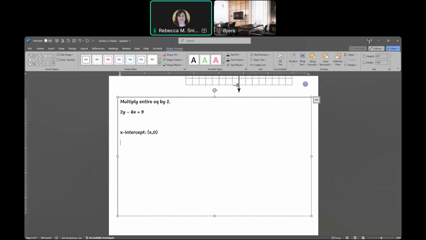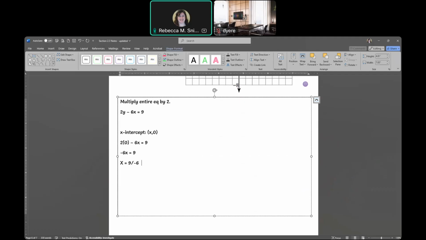So here, this would become 2 times 0 minus 6x is equal to 9. Anything times 0 is again 0, so this is minus 6x is equal to 9. I need to get x by itself, so I divide. So this is going to be x is equal to 9 divided by negative 6.